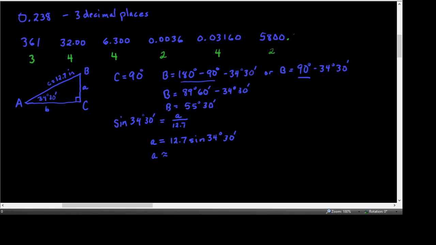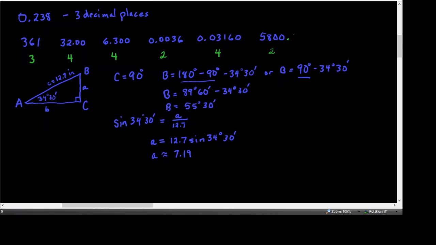At least then you should try to get every single keystroke practiced so that when you do this on a test or something, you're not wondering how to type things in your calculator. So you should get 7.19. And that's using 3 significant digits, by the way. I rounded to 7.19, 3 significant digits.